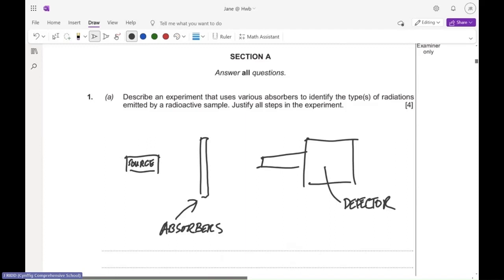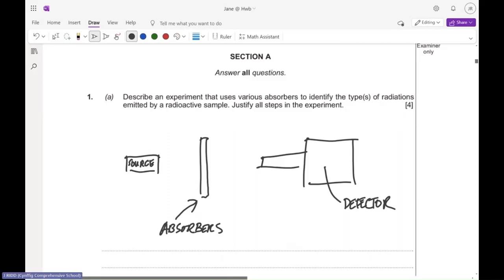So initially we would take a background radiation reading with the source not present, more than 2 meters away. We do that by measuring the count rate over maybe 5 minutes, and then we put our source in front of the absorbers.